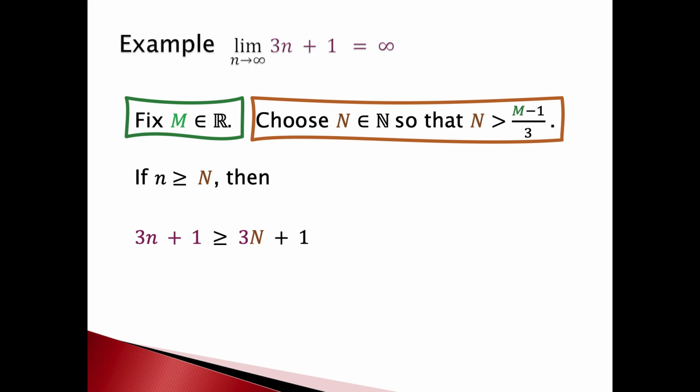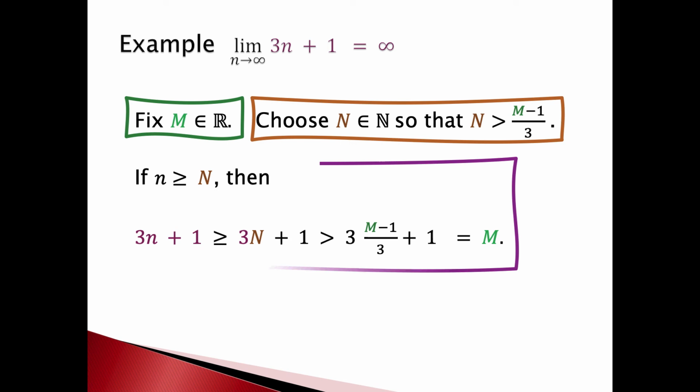It's bigger than (M minus 1) over 3. So if I replace capital N with (M minus 1) over 3, I get bigger still. But of course, now notice what happens. This is why I picked (M minus 1) over 3, because the 3's cancel, and then the negative 1 cancels with the plus 1 that's outside the fraction, and that all just reduces to M. So all of that together is the proof of the implication part, just like we've always had.